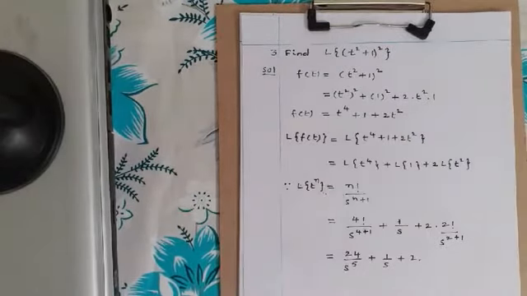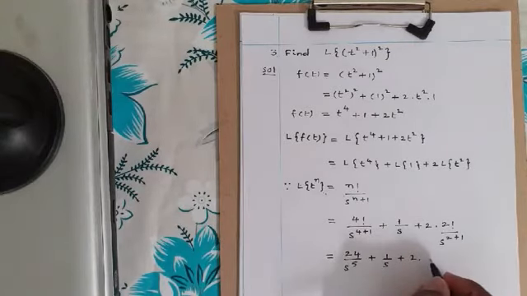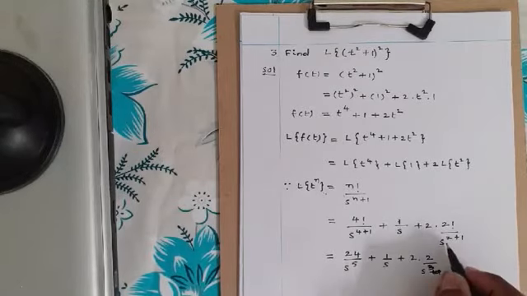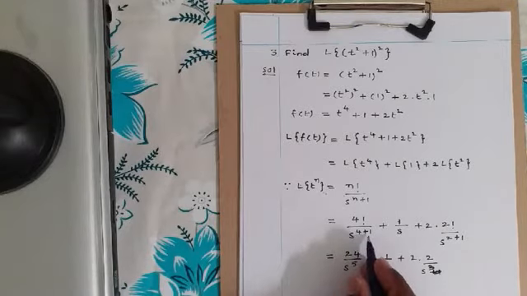So in the place of 2 factorial I write 2 upon s power 2 plus 1, that is s cube. And s power 4 plus 1 is s power 5.